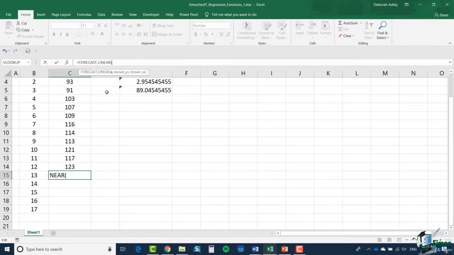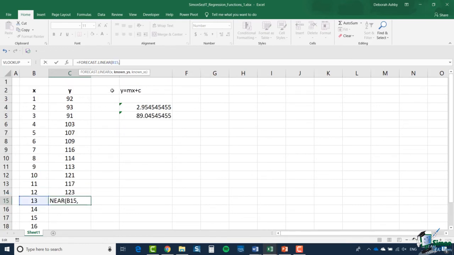And in this case, what I put first is the x value, which is B15. Then I need my known y's, so that's C3 to C14. And then my known x's, so B3 to B14.